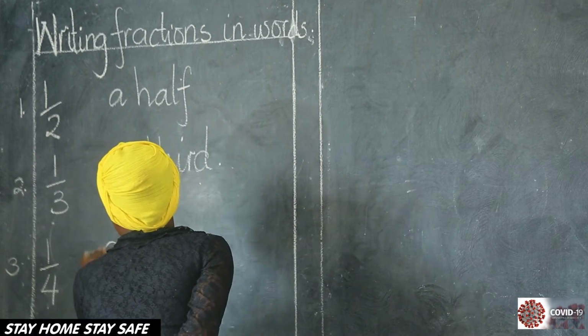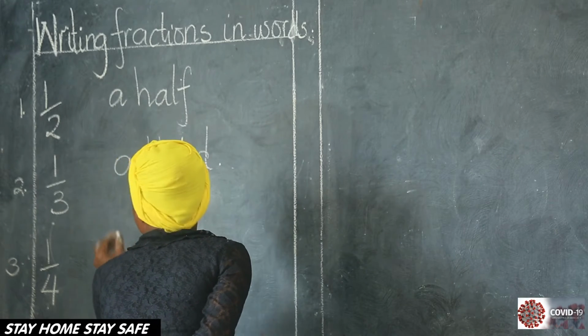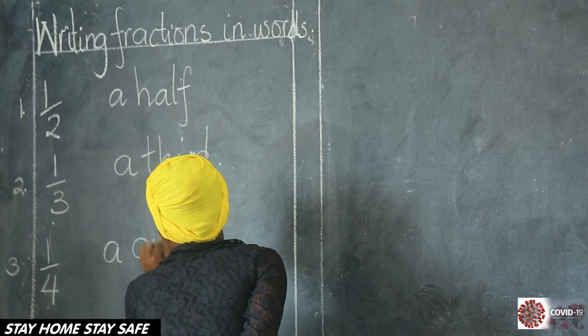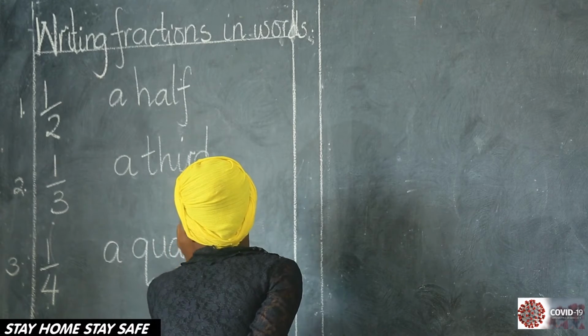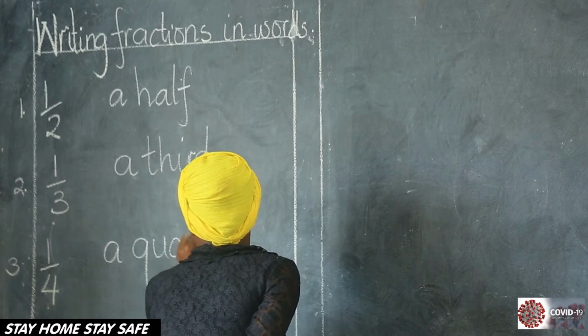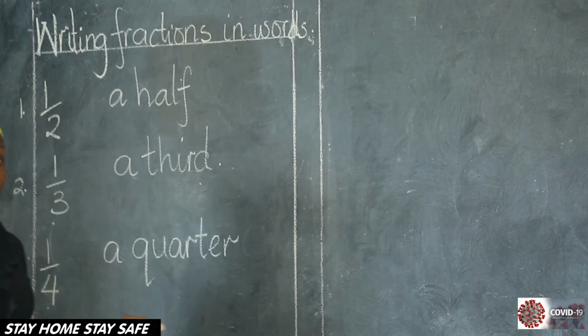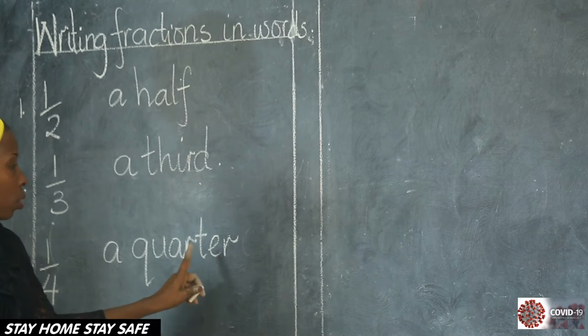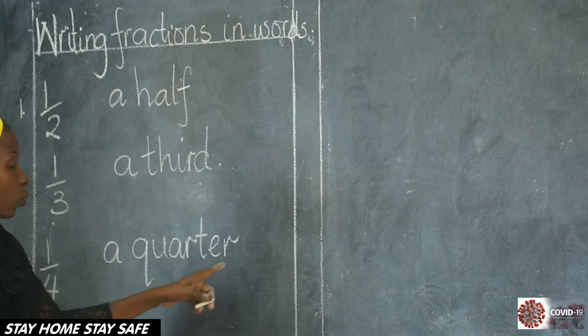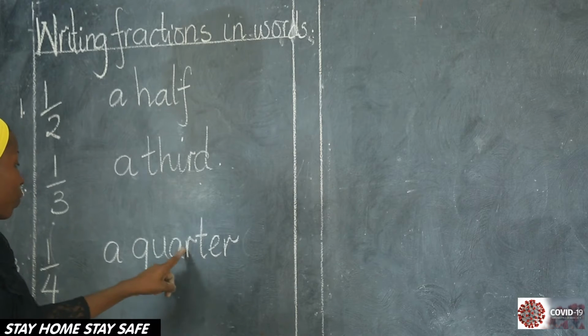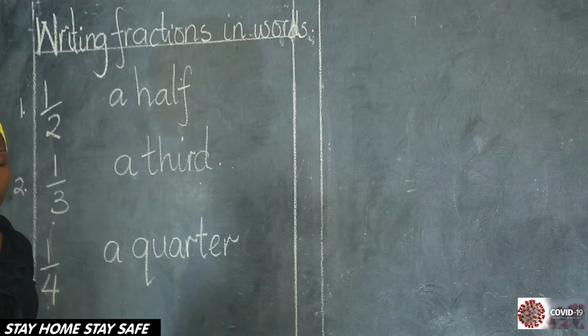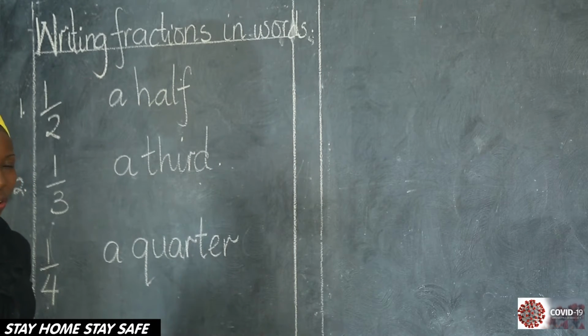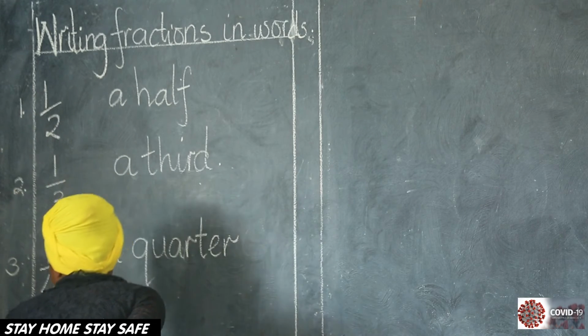This one is called a what? A quarter. You realize the word quarter has 2 R's. One on here, this one and that one. There are those who always prefer leaving that R out. No, it's supposed to be there.